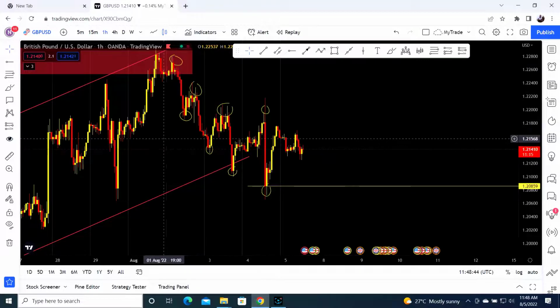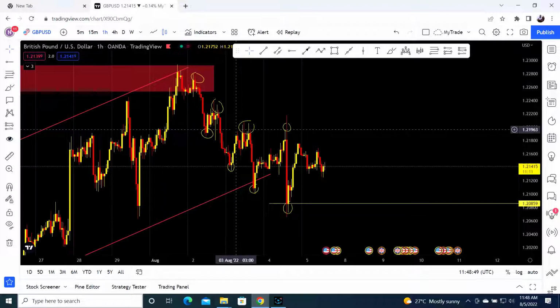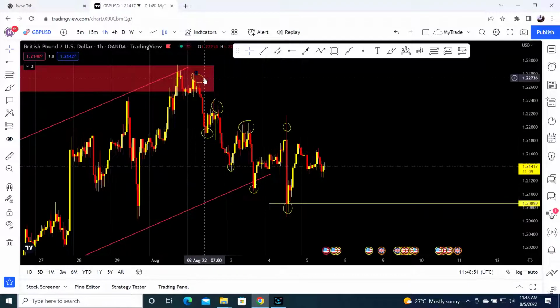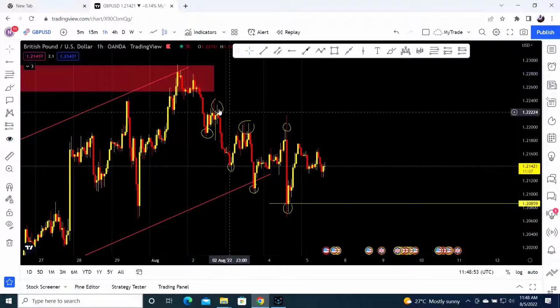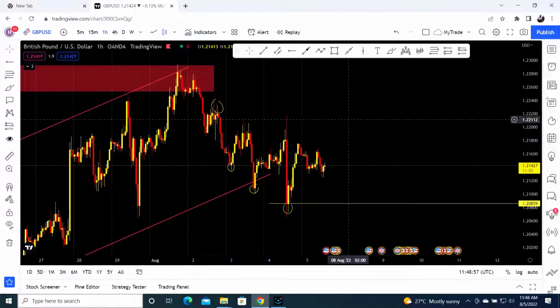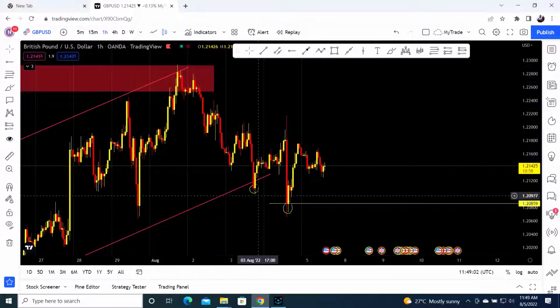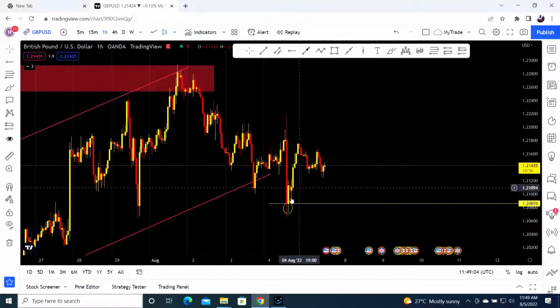So in identifying the current trend, we know that we are in a downtrend. Let me take all this off. So the current trend is saying that we are in a downtrend.